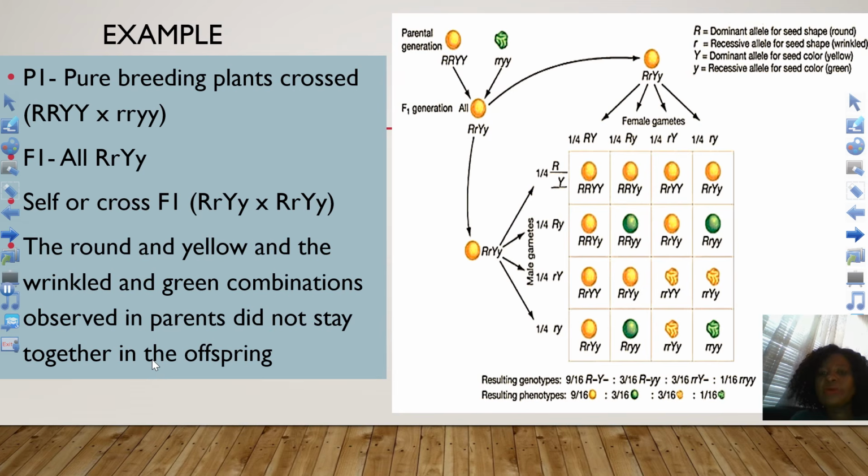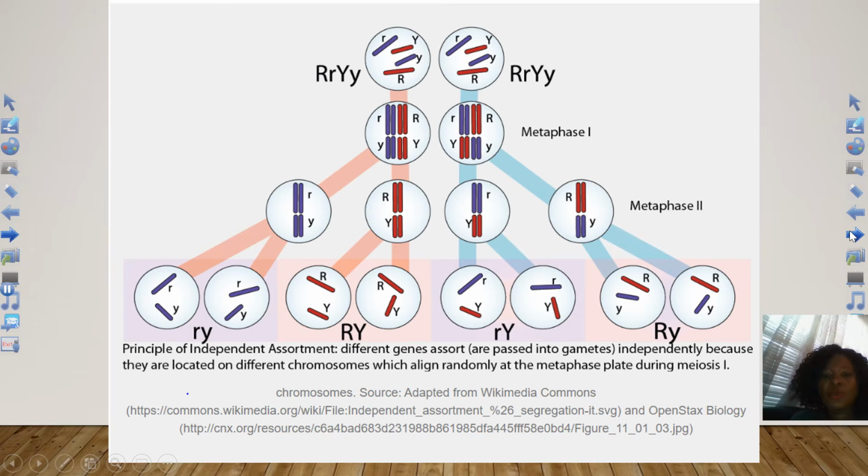Hence, we had that option of getting the round and green seeds, as well as the wrinkled and yellow seeds, which were not there in the parents. So that is what the principle of independent assortment is showing us.